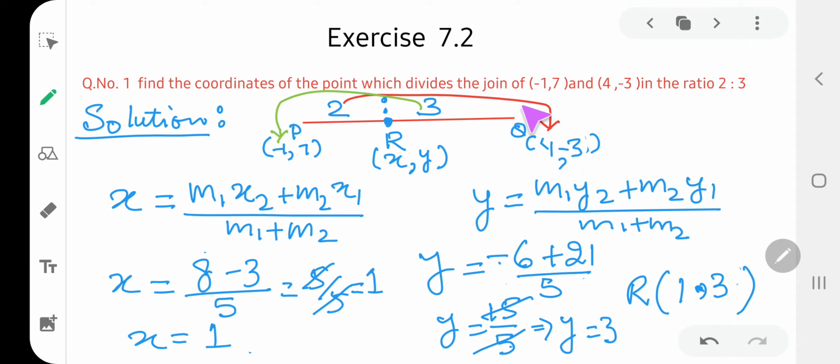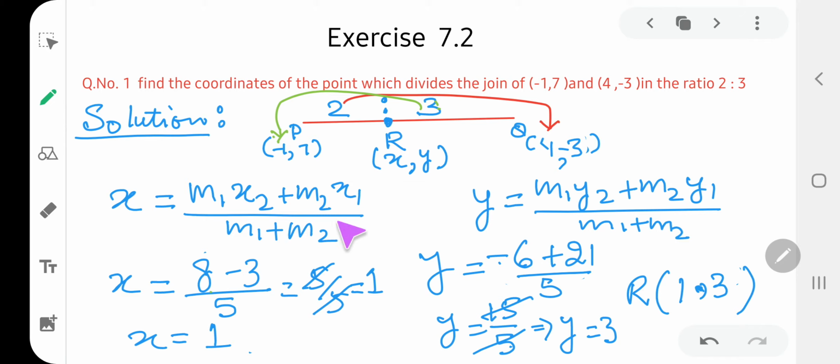So 2 multiplied by 4, that is 8, so you will write 8. Now take m2, you will multiply it with the value of x this side. So this is 3 multiplied by -1, that will be -3. So in between you have sign plus, so plus minus is minus only, so it is -3.